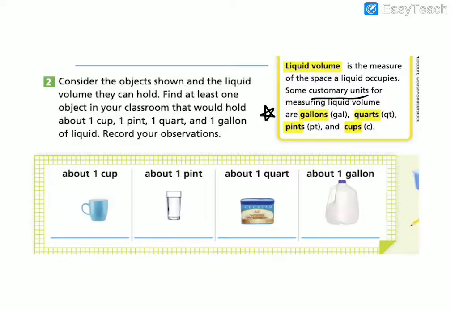Go ahead and pause the video and write in some things that would hold the same amount of liquid. All right, so some of my ideas were a juice carton for about a cup, a water bottle for about a pint, a vase for about a quart, and a bucket for about a gallon.